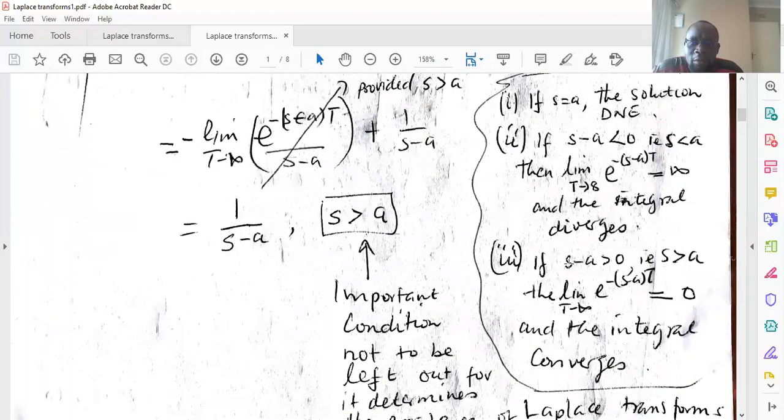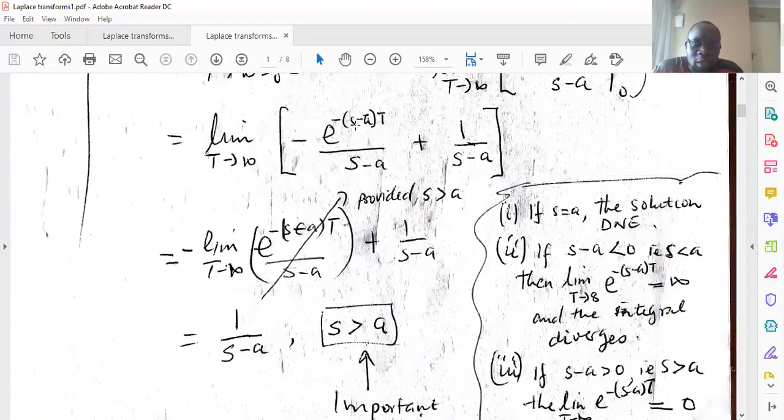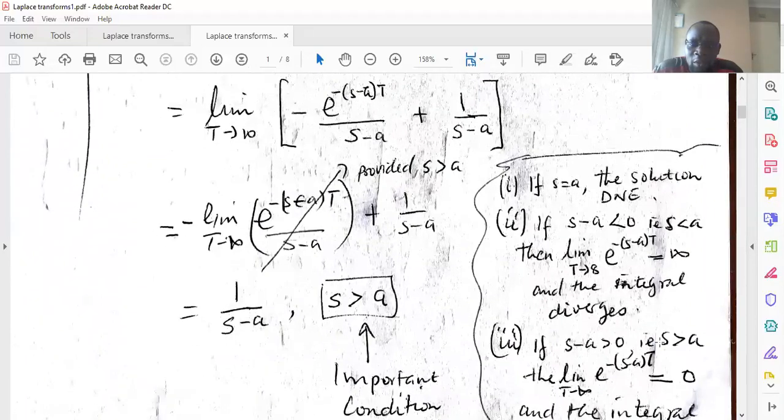But if you take s minus a to be greater than 0, then you are basically saying s should be greater than a. Then this is now positive, and this is a negative. So the exponent goes to minus infinity as t approaches infinity, then e to the power minus (s minus a)t will go to 0 in that case.